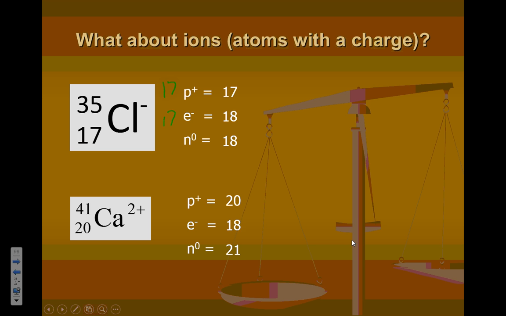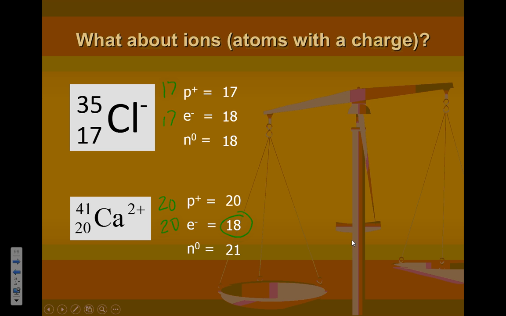So what's going on with electrons? Now remember, electrons are negatively charged. So if we have a positive charge, that must mean we have more protons, more positive things than negative things. And we have to have two more since it's a +2 charge. So that means our electrons have to be 18. Now remember, it used to be 20 protons, 20 electrons when it was neutral.